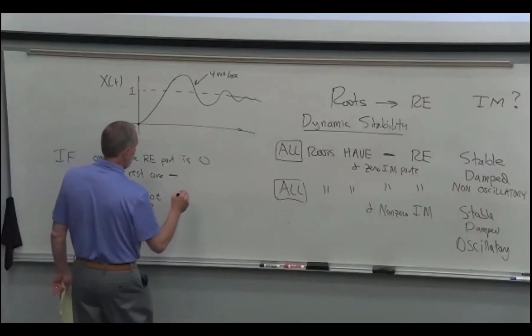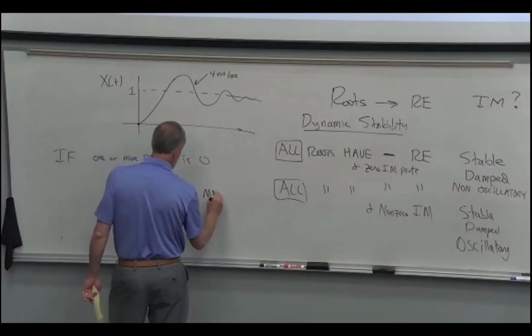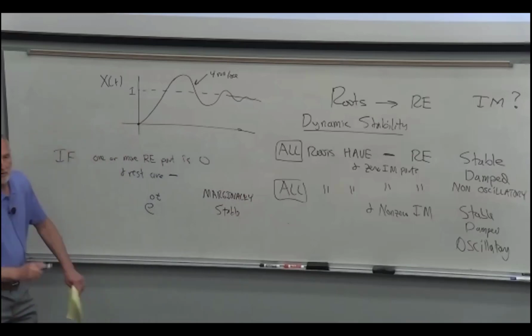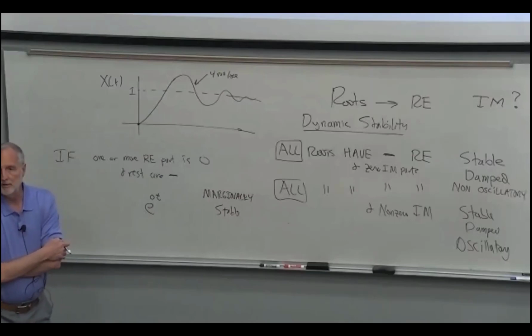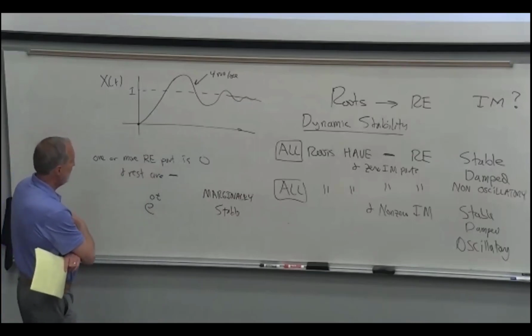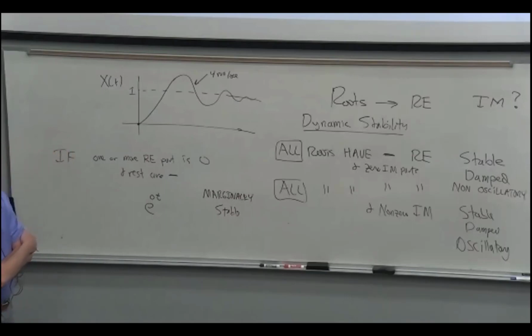And so we call this marginally stable. This would be like the CG at the neutral point in pitch; it's not unstable, it's marginally stable. This doesn't matter whether we have imaginary parts or not. It can oscillate, and if it's oscillating, it'll just keep oscillating forever. No damping.